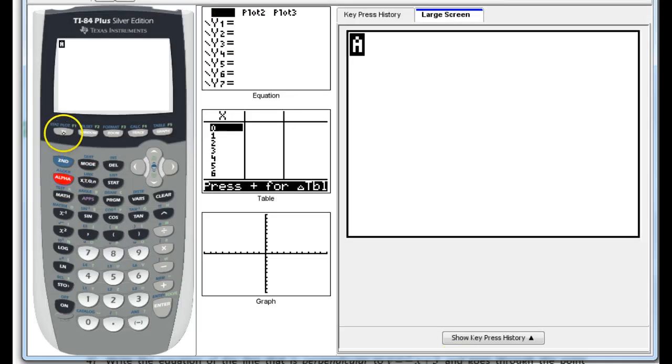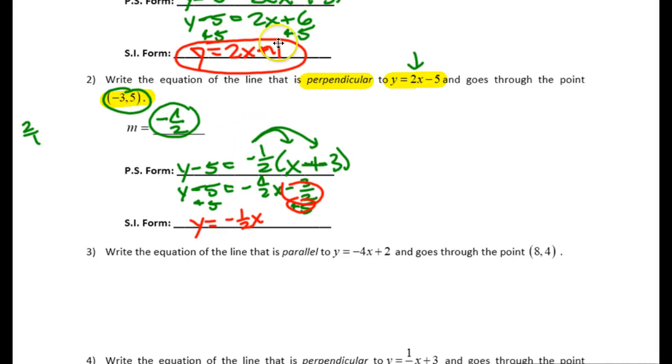Let's put in our fraction, negative 3/2, come out of the fraction, plus 5. And we get 7/2. And that was a positive. You can have a fraction for the y-intercept as well. That just means crossing the axis in between two points. So this line is now perpendicular to the original.